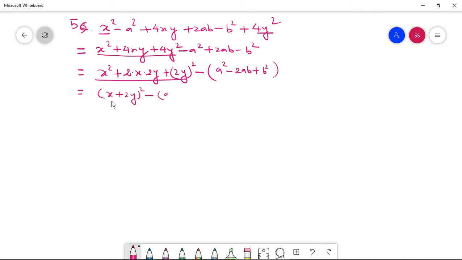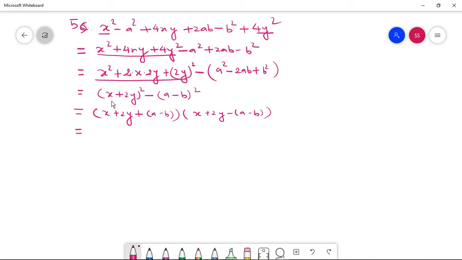Yes, please. Then that also should have been minus, sir. Yeah, I have taken minus common: minus minus plus, plus minus minus, minus minus plus.